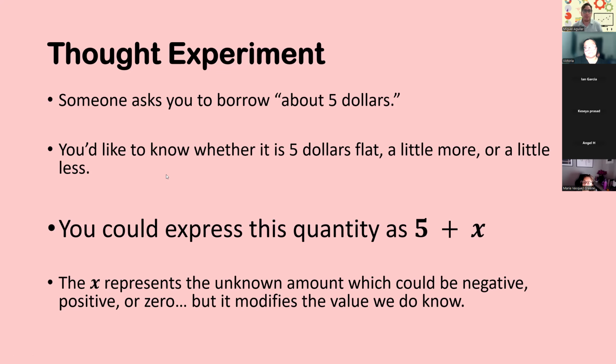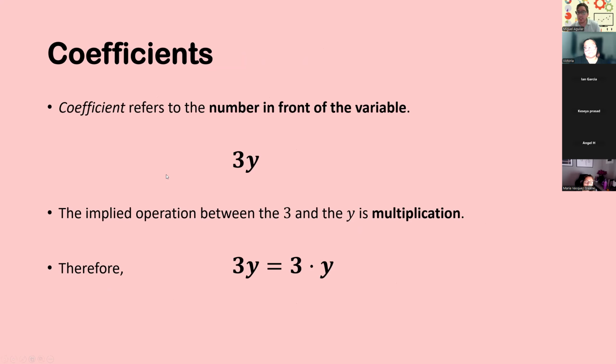Okay. So there's some more vocabulary here that we have to be aware of. One vocabulary term you're going to hear me say a lot is coefficient. Coefficient refers to the number in front of the variable. So here's an example. I have 3y.